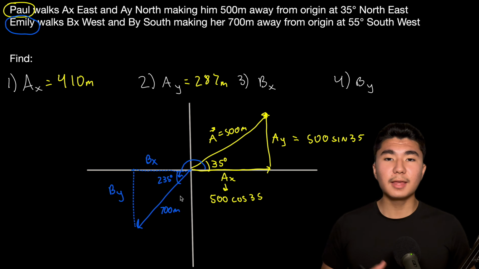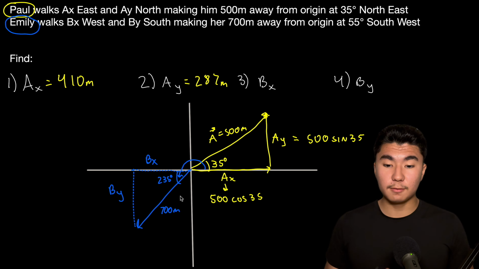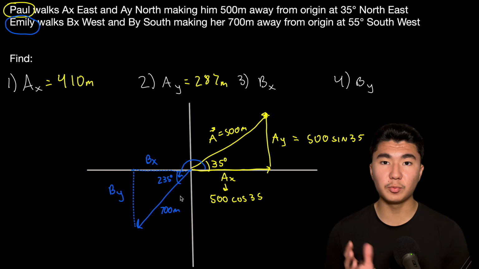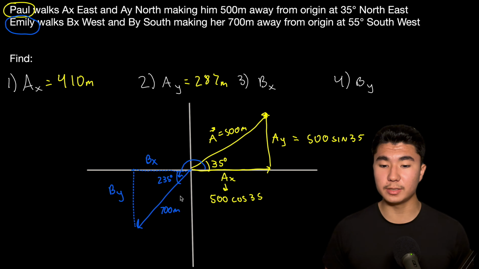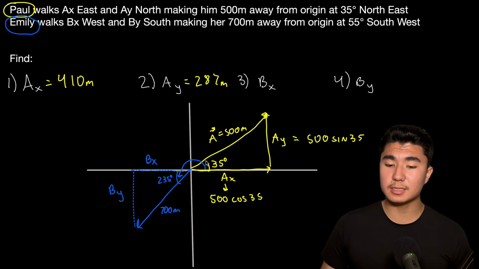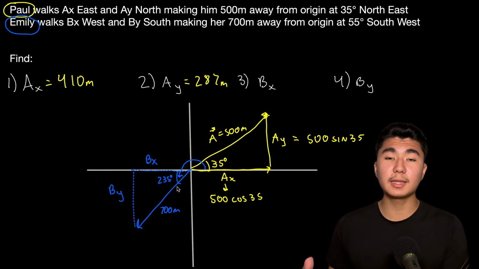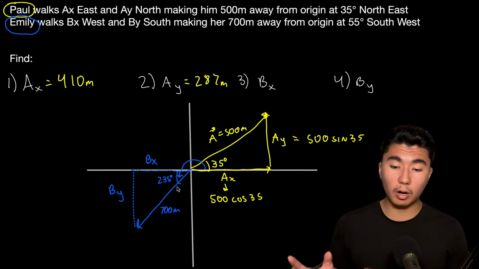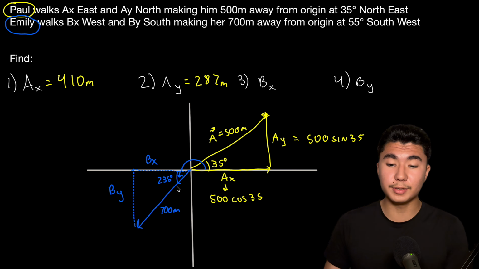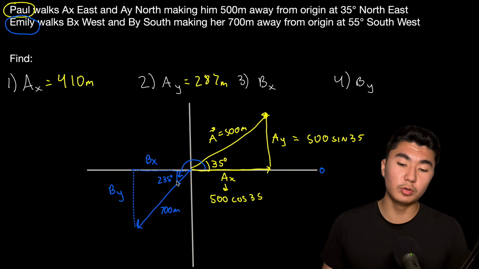The reason why is because if we look at this graph, this degree over here is not 55 degrees. If we're just looking at a plain graph and we want to look at where 55 degrees is, it is somewhere over here. Now, we're saying 55 degrees, but that's southwest. So you always have to correlate your degrees based on this x-axis 0 right here and move all around.